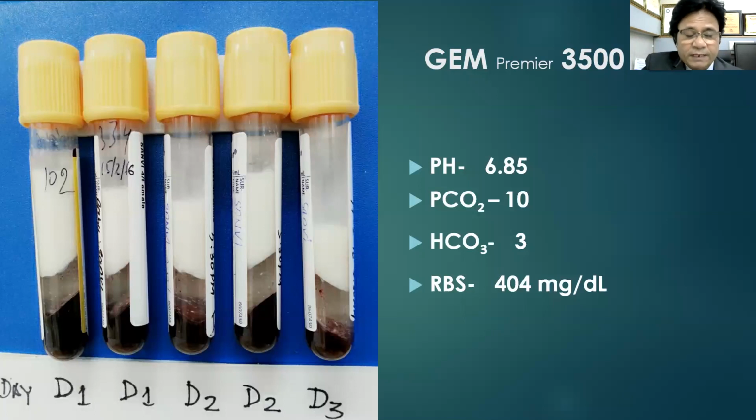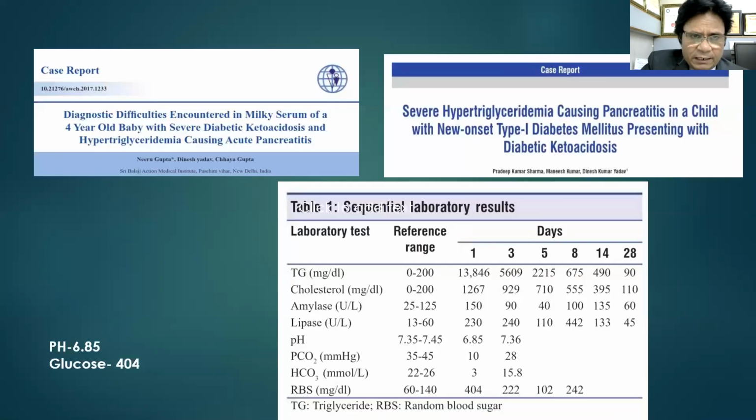But because of some technical reason, the reported value was 13,800, which is probably the highest reported triglyceride level in a 4-year-old kid. So POCT was useful for me in making the diagnosis of this difficult patient. There are a few publications associated with this.